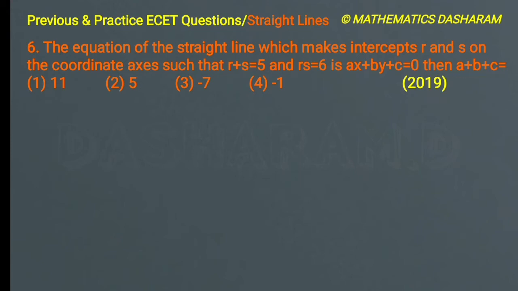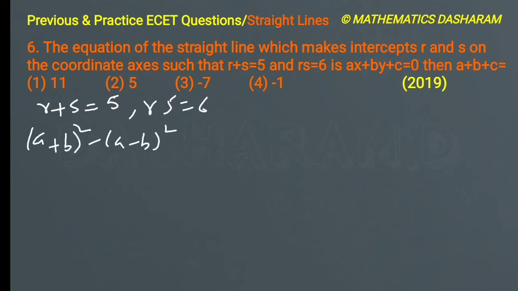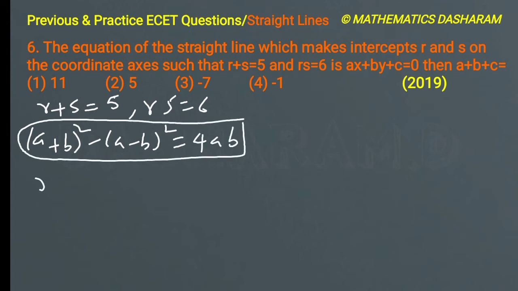First of all, let us find the r and s values. The given conditions are r plus s equals 5, and r into s equals 6. To find the r and s values, use this formula: (a plus b) whole squared minus (a minus b) whole squared equals 4 into a into b. Similarly, (r plus s) whole squared minus (r minus s) whole squared equals 4 into r into s.